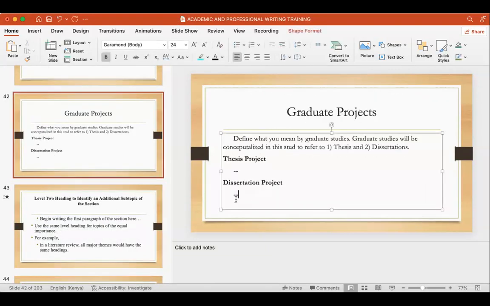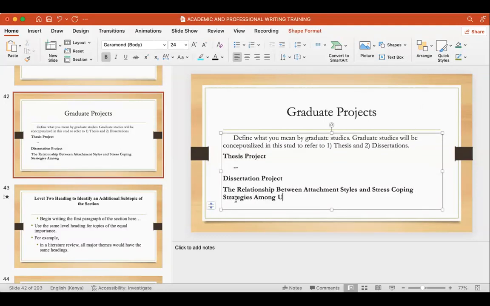So you're saying the relationship between attachment styles and stress coping strategies among undergraduate students.